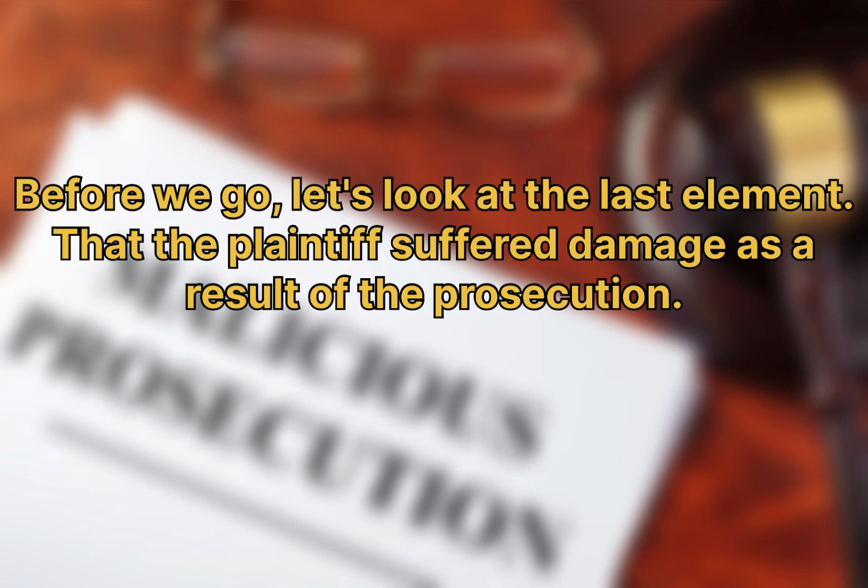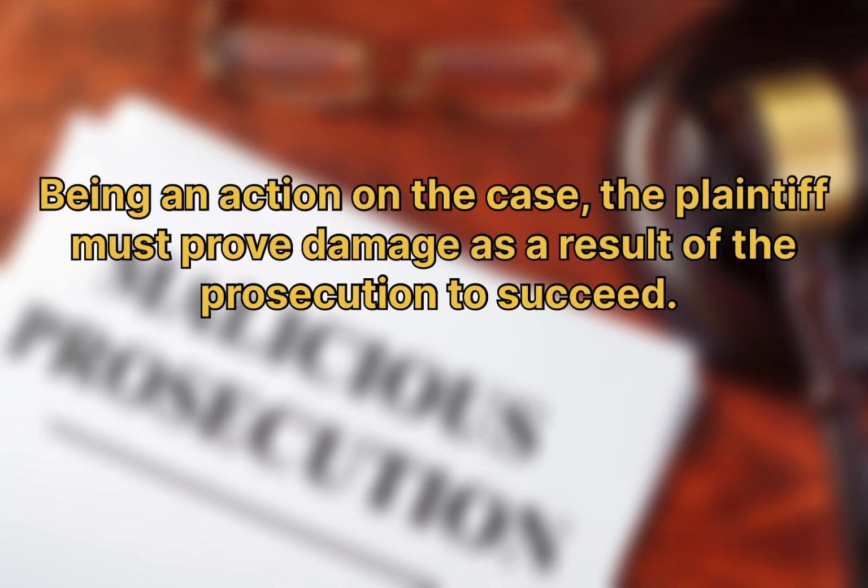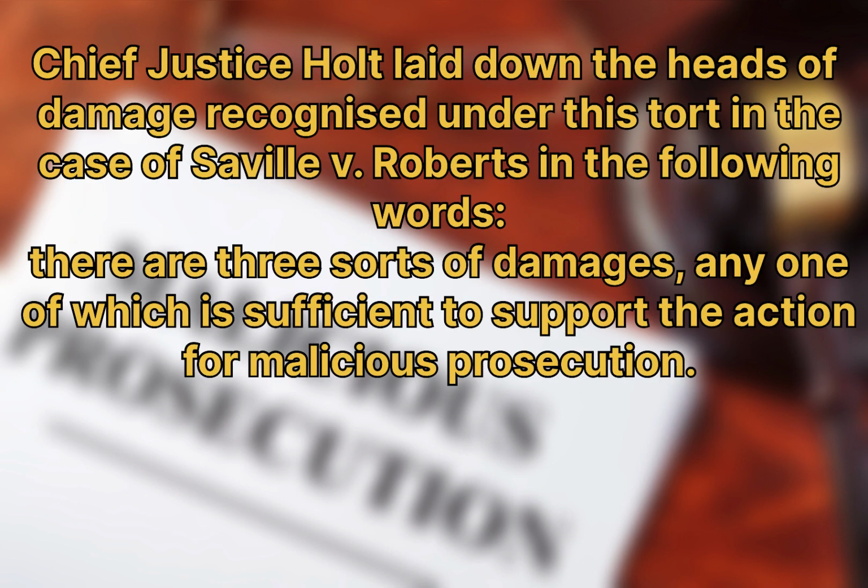Moving on to the last element that requires that the plaintiff suffered damage as a result of the prosecution. Being an action on the case, the plaintiff must prove damage as a result of the prosecution to succeed. Chief Justice Holt laid down the heads of damage recognized under this tort in the case of Saville v. Roberts in the following words. He stated, there are three sorts of damages, any one of which is sufficient to support the action for malicious prosecution.